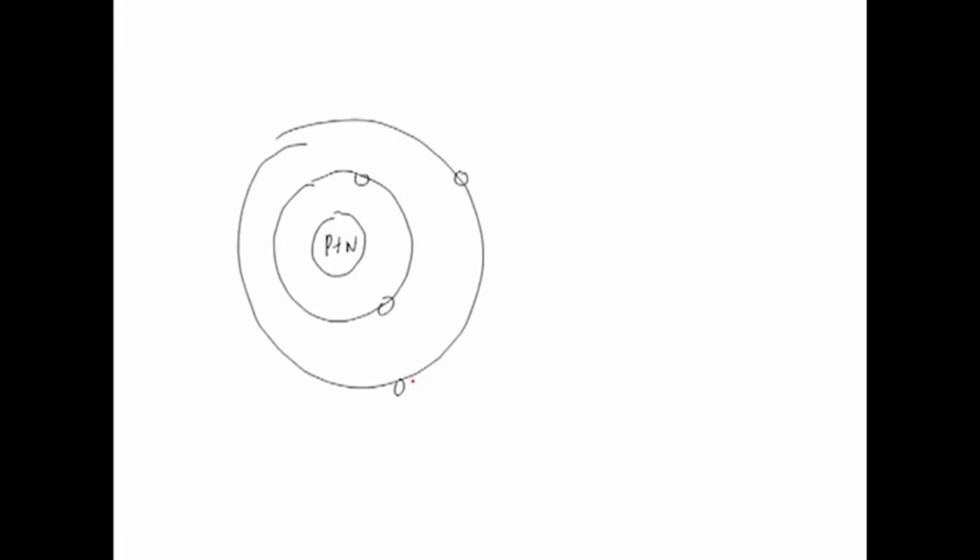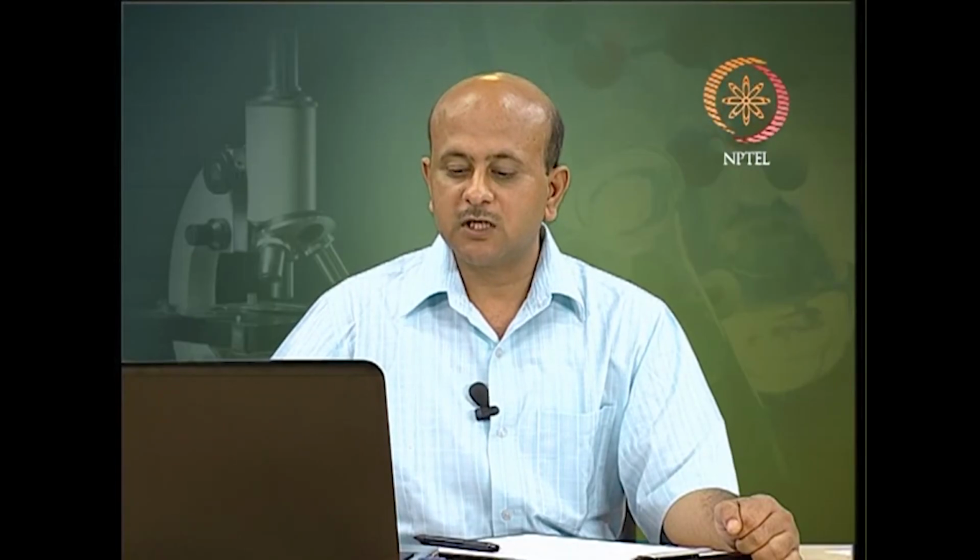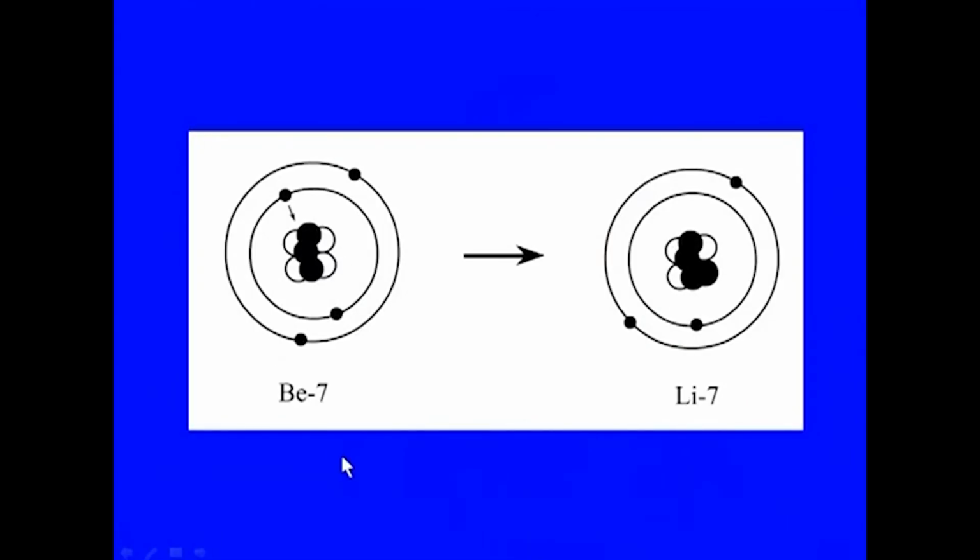Now, in this particular case where X-rays are generated, the electron is taken up and captured in here, and then generation of X-rays takes place. So, this is another way of decay. Let us see this here also. Here, beryllium 7 is one example that I showed you.